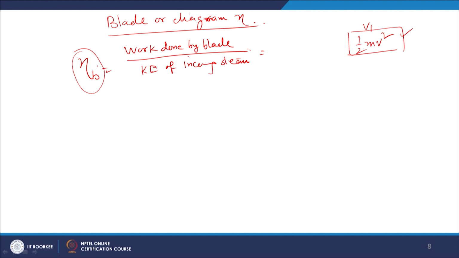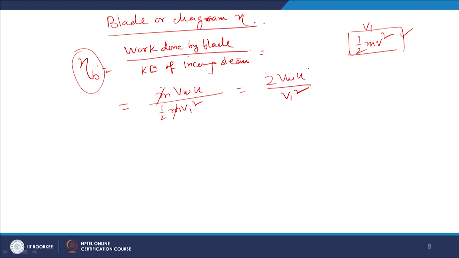So here the formula is simple: work done by the blade, as we have calculated earlier, is mass flow rate, Vw, multiplied by U in watts. We are not dividing it by 1000. And kinetic energy of incoming steam is half m V1 square. So simply this m will be cancelled out, and then we will get 2 Vw U by V1 square.